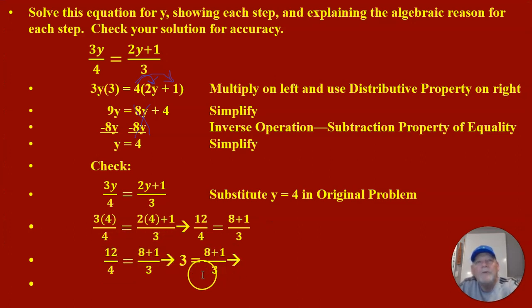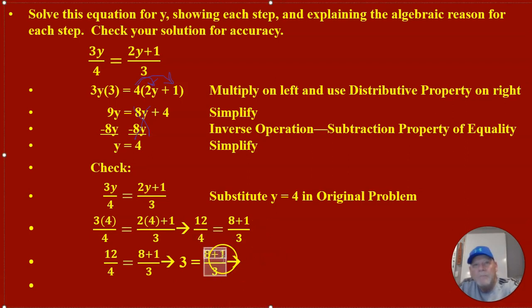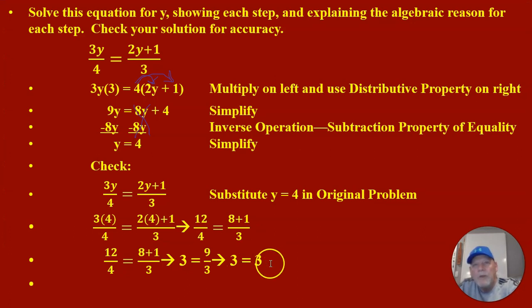So now that's going to equal 12 divided by 4 is 3. And 8 plus 1 over 3 is going to be 9 over 3. And then that 9 over 3 will equal 3. So 3 equals 3, and that checked out. So I would put a big check here, and it means that I did it correctly.